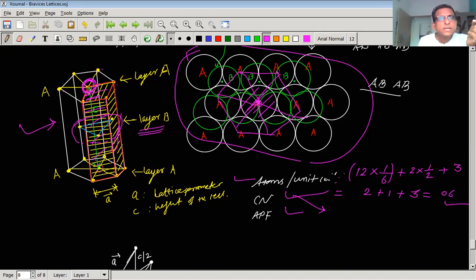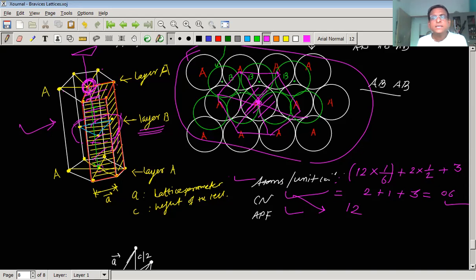Similarly, there are these 3 atoms inside the unit cell, so 6 plus 3 is 9. And similar to the inside atoms, there are atoms in the adjacent upper unit cell, isn't it? So 9 plus 3, 12. So we can say the coordination number of the HCP structure is 12.